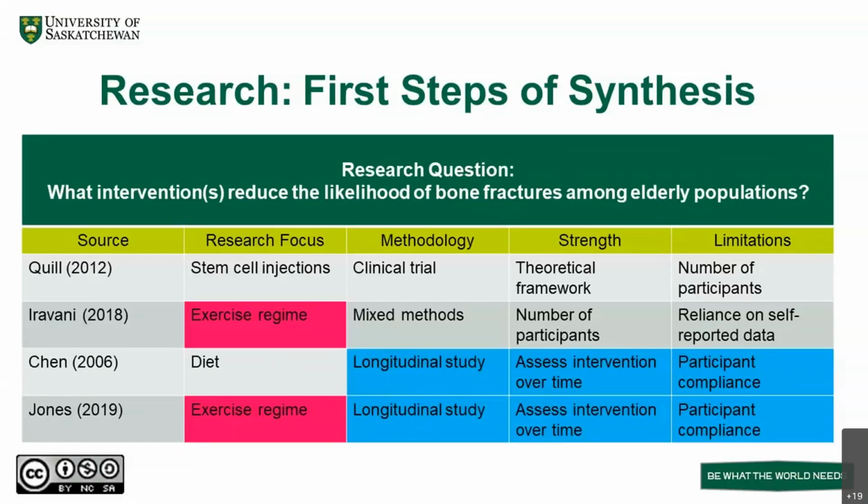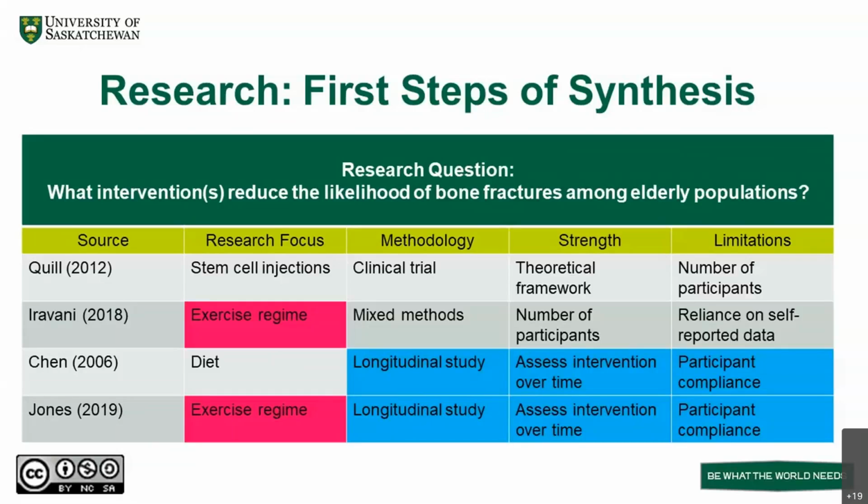So when we look at just this small sampling, we have 2 studies that are focused on exercise in relation to the research question. And so when it comes to organizing those sources in extended prose, like we do in the literature review, we know that I might pair these 2 studies because of this commonality.